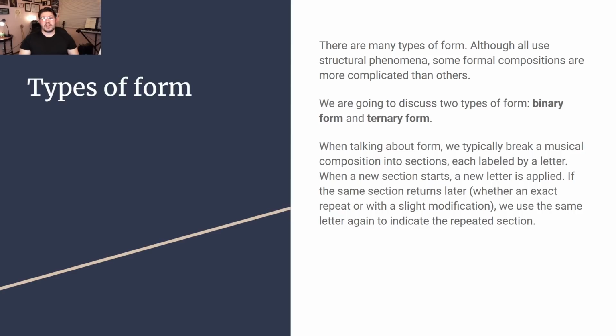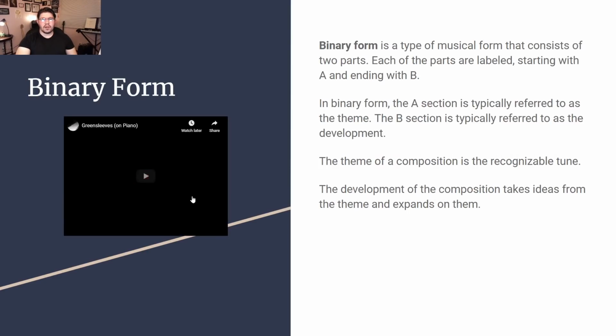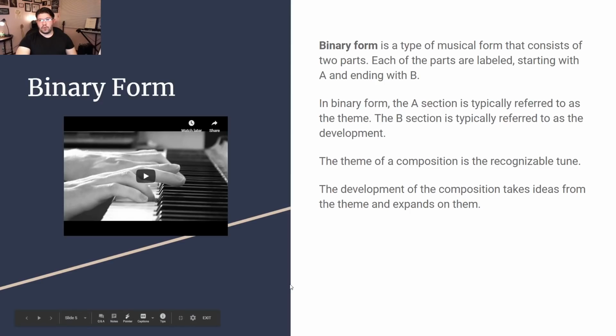Now, if the same section returns later, whether it's exactly repeated, like they copied and pasted it, or it's got slight variations but you can tell it's the same thing, we're going to use the same letter again to indicate the repeated section. This should make more sense in the next couple of slides when we're talking about binary and ternary forms. So let's talk first about binary form.